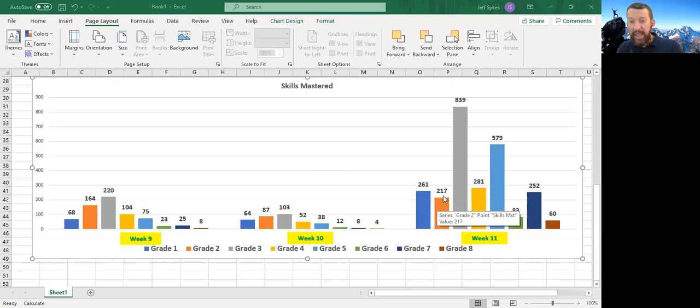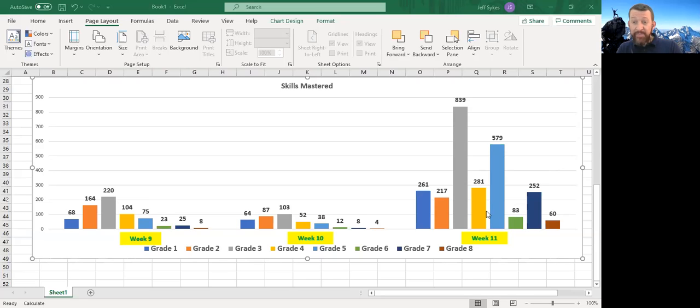And in grade 3, look at this. That's 8 times, 800% more skills being mastered from week 10 to week 11. Just going down the road in grade 4, you're going to see a 5 times growth. That's significant. That's more than significant.